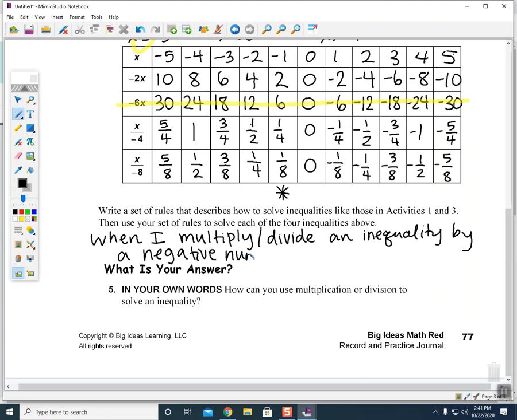My inequality sign flips. When I multiply or divide an inequality by a negative number, my inequality sign flips.